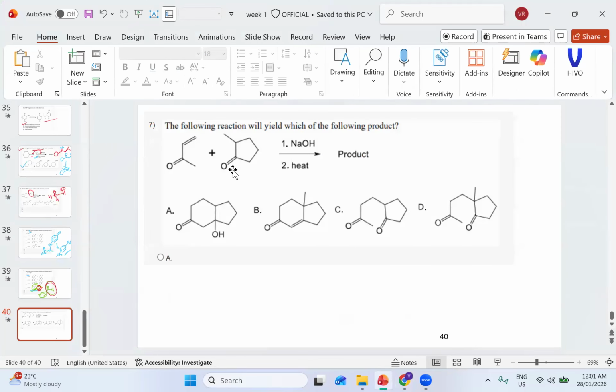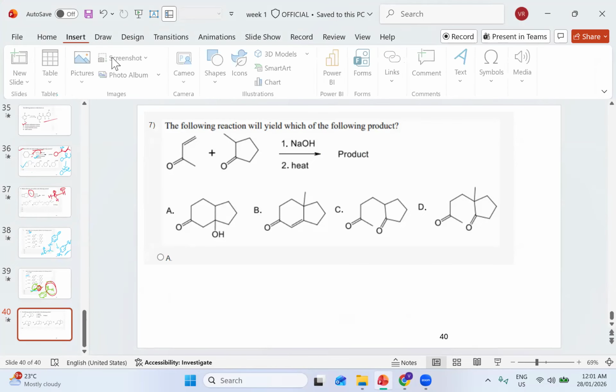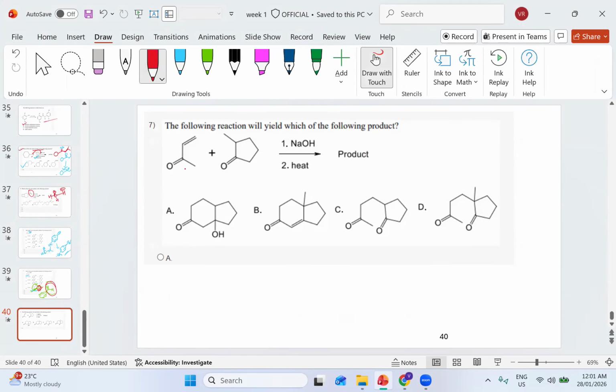Right. So what we have here? If you look at the starting material, there is an alpha beta unsaturated ketone and another ketone, right? And we add NaOH, that is the base. So what happens when we add NaOH to this mixture? Preferably this proton is getting abstracted.